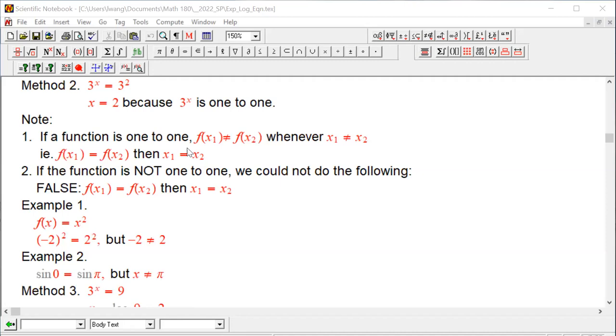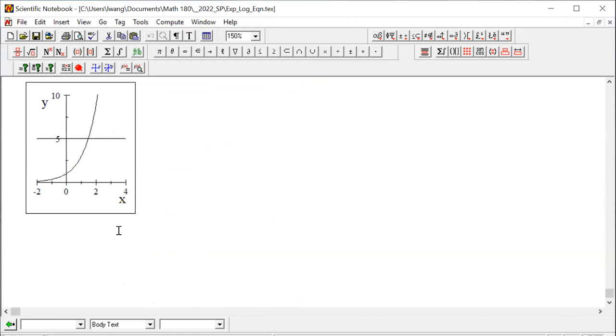We could use the second method, where basically we use the fact that it is a one-to-one function. You can see method 1 is difficult because it is hard to identify x from the picture. Since we have a 5, it's a little difficult to represent it.